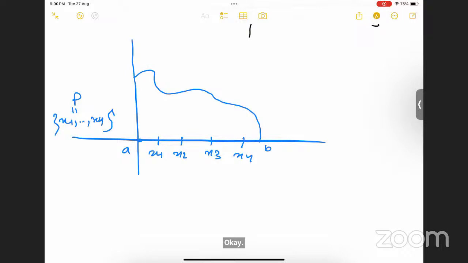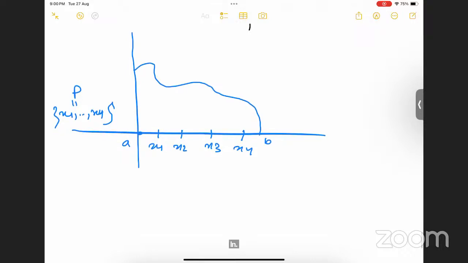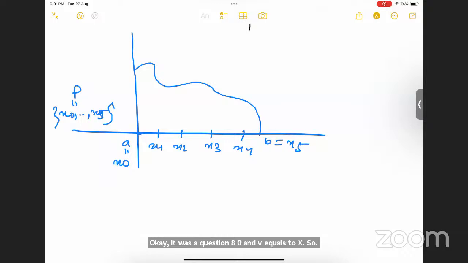Then what was our first thing? It was a equals x0 and b equals x5. So let us take from x0 to x5. Here this is our x0, and this is our f of x0, right?